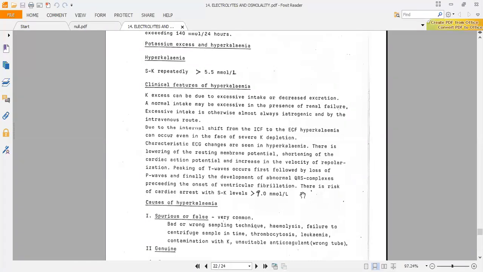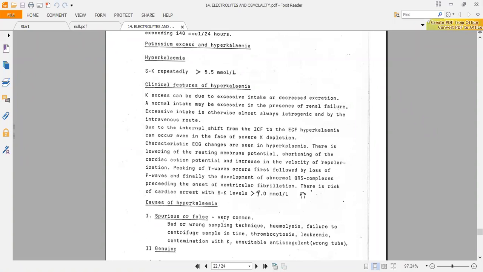But the most feared effect is on the heart, because it can cause atrial fibrillation and dangerous arrhythmias. On ECG, the difference between hypokalemia and hyperkalemia is that for hypokalemia the T waves become flat, but for hyperkalemia the T wave becomes very long. So we say we have a peaked T wave.